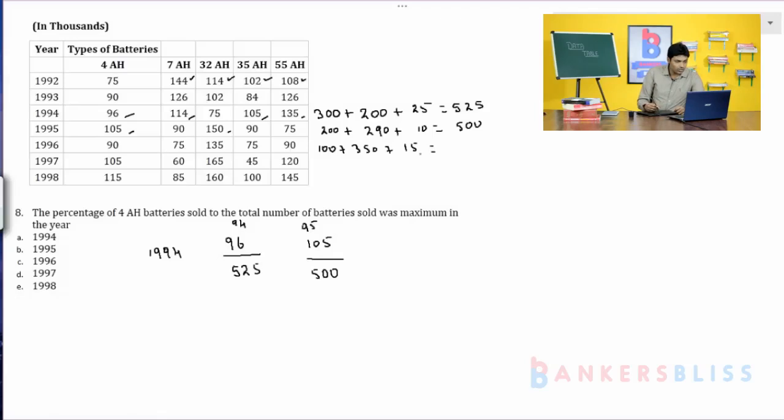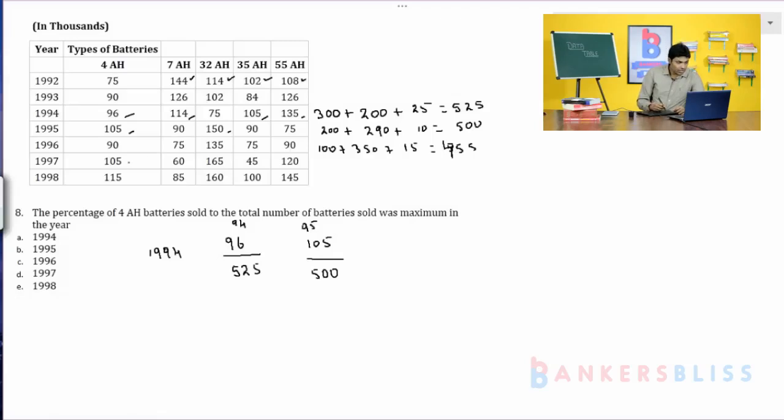So which is equal to 100 plus 350, 450, 450 plus 15, it is 455. It is not 555, it is 455.